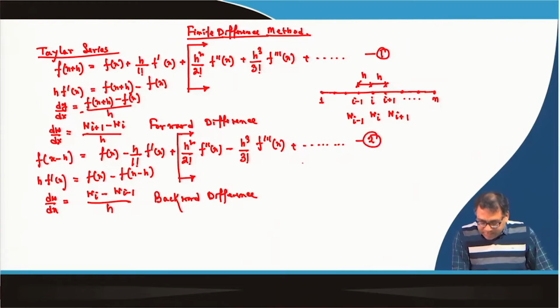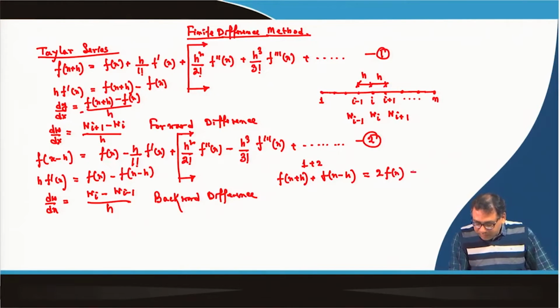If I add these two equations, then I will get f(x+h) plus f(x-h) equal to 2 f(x), then this will cancel out, plus h squared f double dash (x), then h cubed will also cancel.